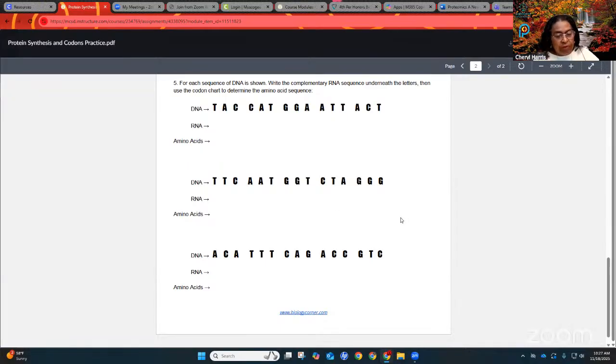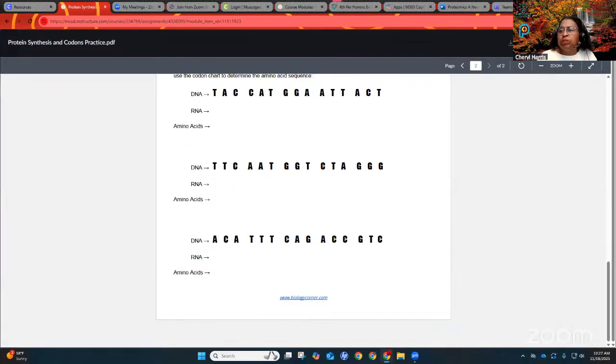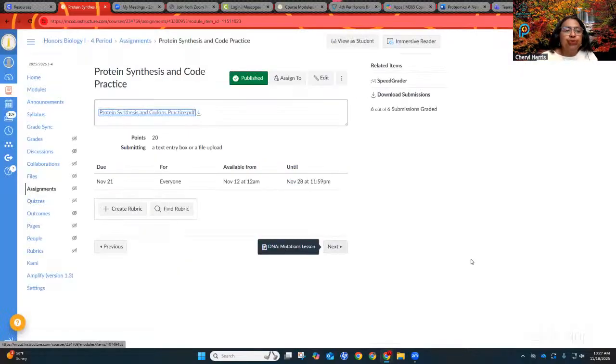So every time we had an A, we had to put a U. And then we took that information and we went to the chart and we figured out what amino acid we're going to use to make that particular protein. So if you haven't turned that in, make sure that you do. All righty.